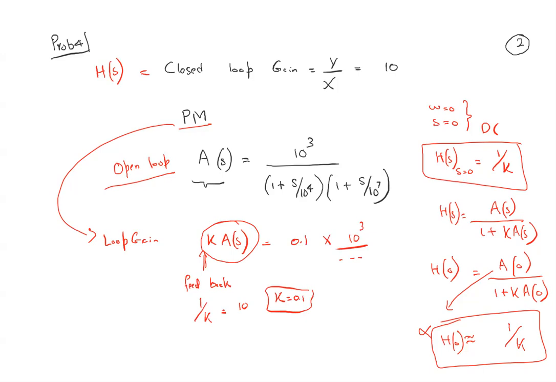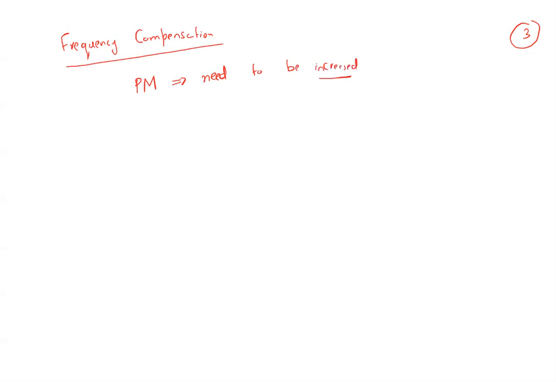So let's come back to the frequency compensation topic. You have devised the system, you designed everything, and at the end of the day you find out you need to make it more stable, or you need to increase the phase margin. First we need to understand what it means when we are losing on the phase margin side.